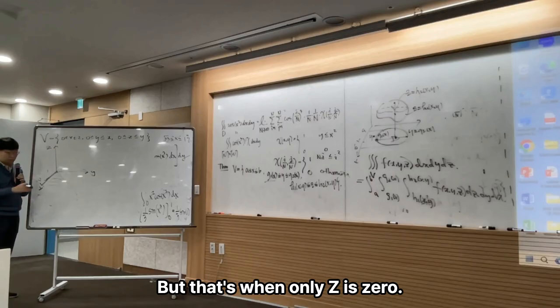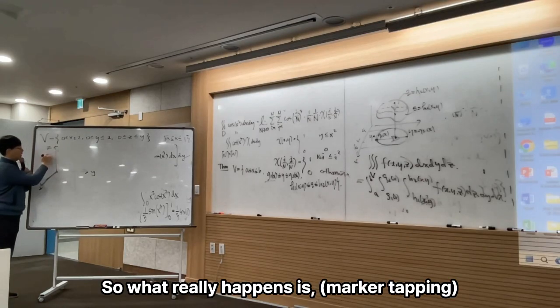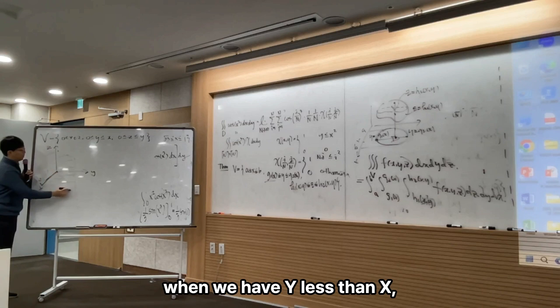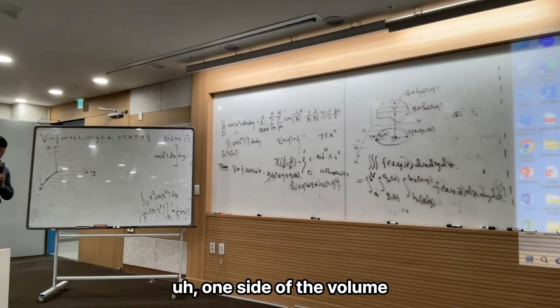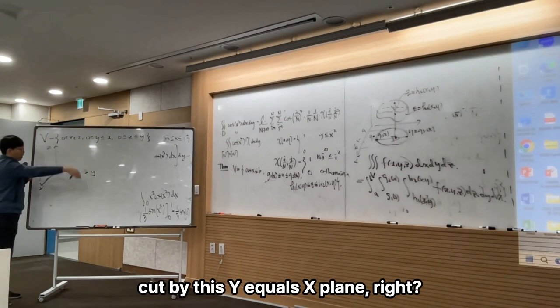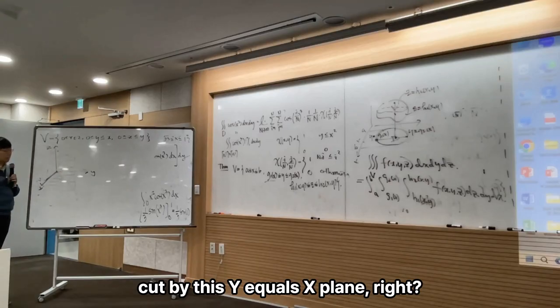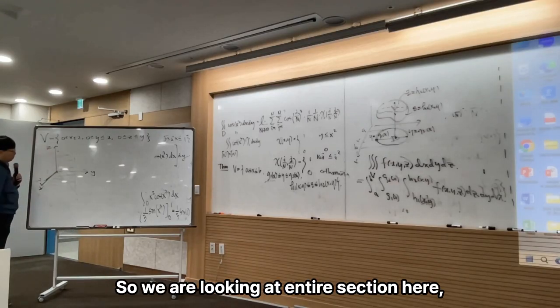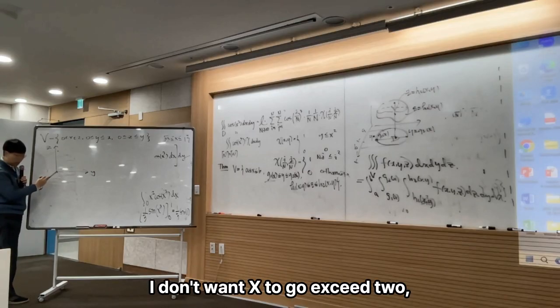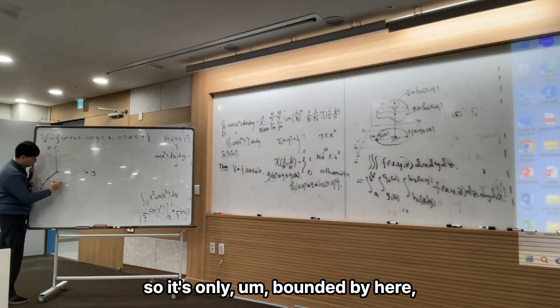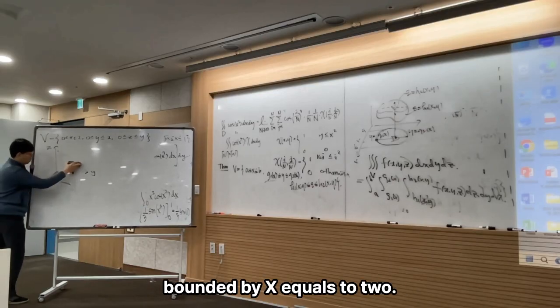But that's when only z is 0. So what really happens is, when we have y less than x, we are looking at the entire one side of the volume cut by this y equals x plane. So we are looking at the entire section here. But still, I don't want x to exceed 2, so it's bounded by x equals 2.